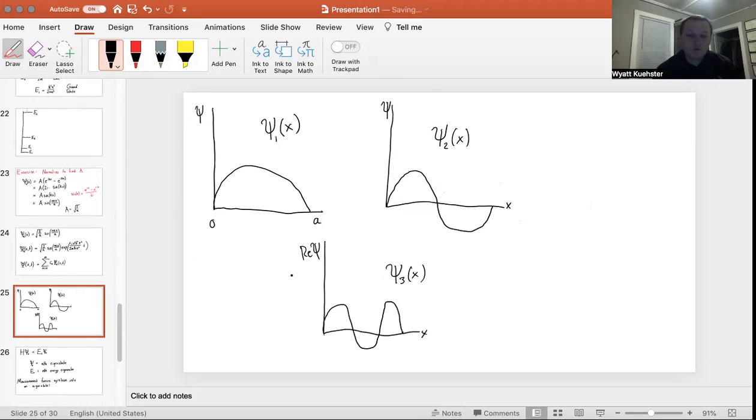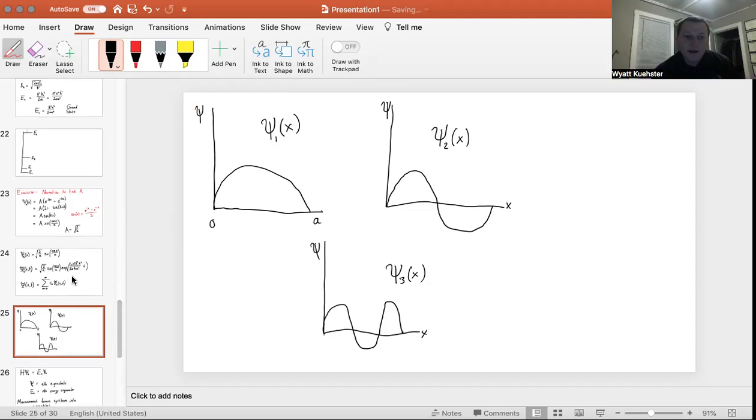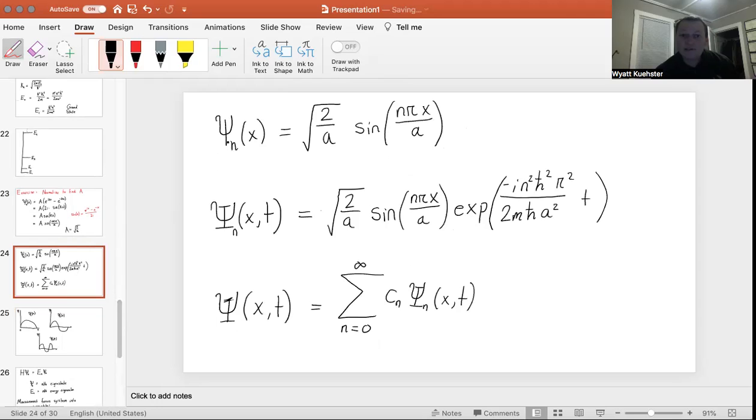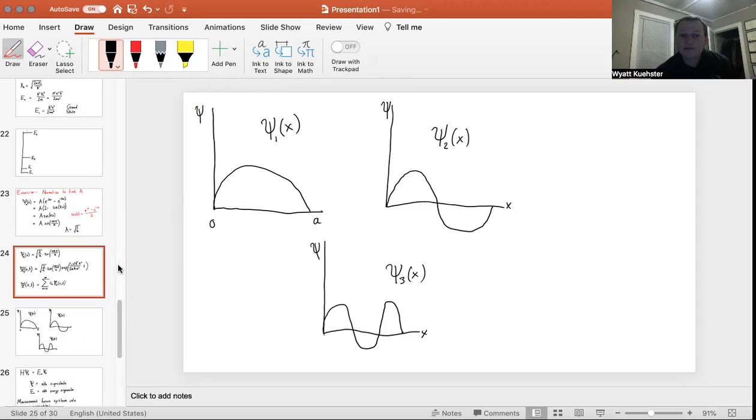They're basically just wave modes inside the box with n number of nodes. So psi 1 is just a wave with one node. Psi 2 is a standing wave with two nodes. Psi 3 has 3 nodes. So that's what your psi n's look like. And these are just the time-independent eigenstates.